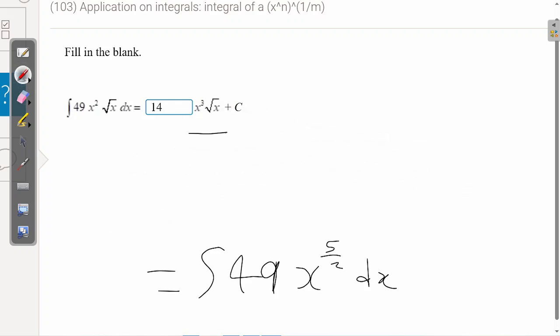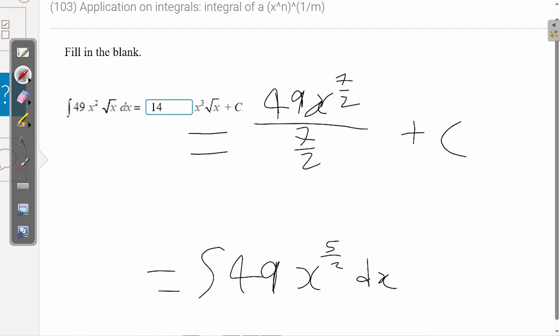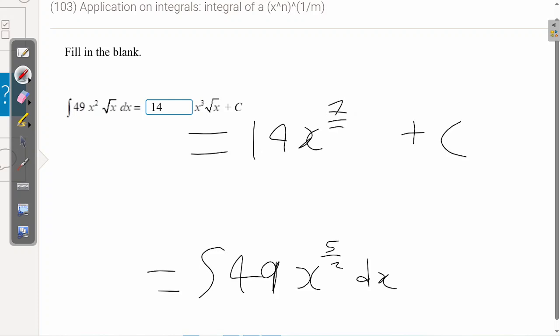Now we integrate, so it will be equal to 49x power 7 over 2, when you add 1, over 7 over 2 plus c. 49 divided by 7 over 2 is equal to 14, so this will be equal to 14x power 7 over 2.